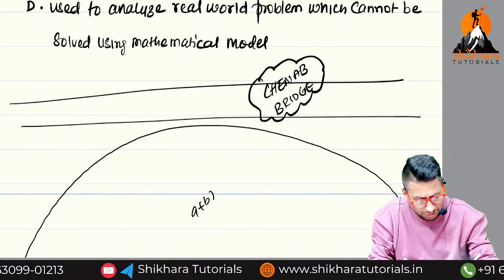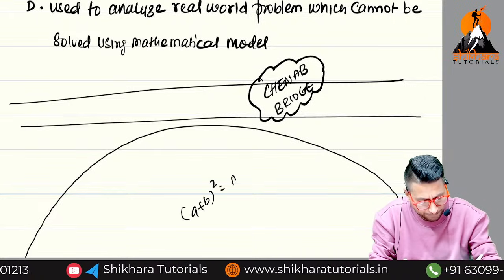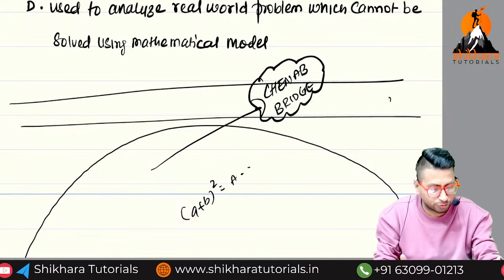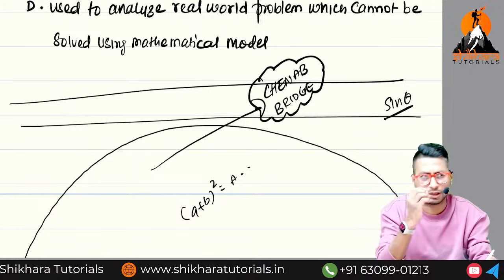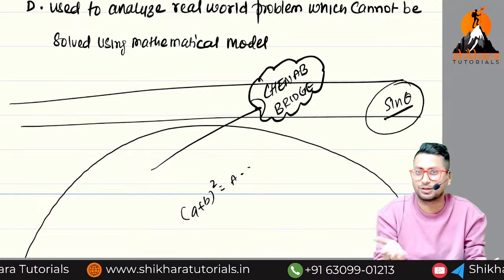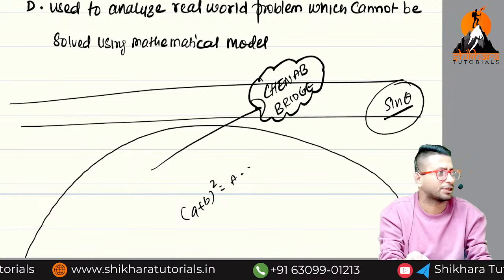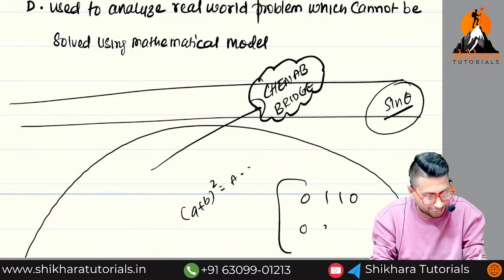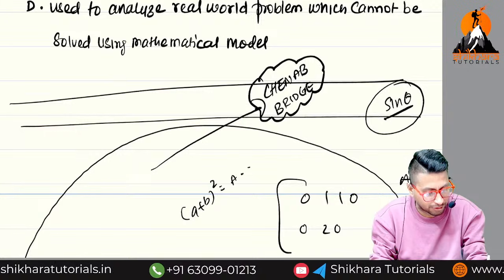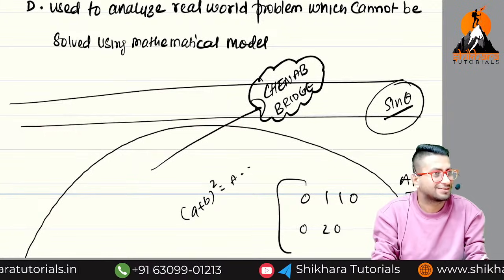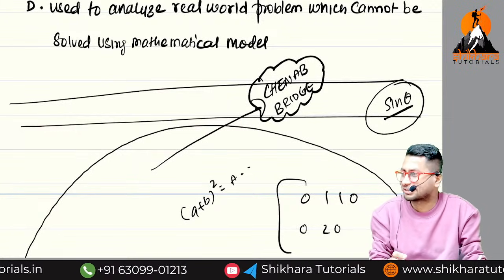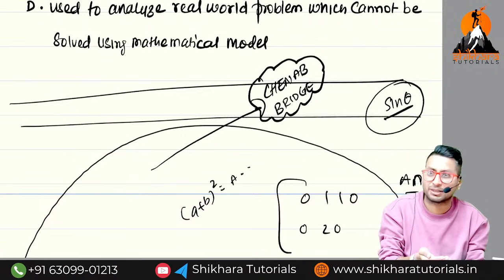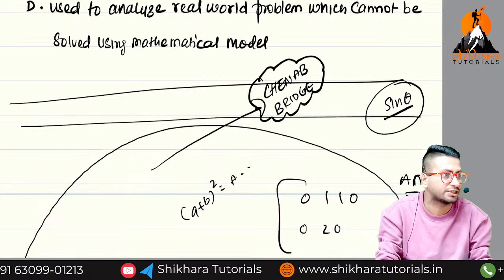Can you use sine theta, cos theta, or trigonometry here? Can you use matrices? Can you use any of these calculations? It is complicated. So for something which cannot be done using mathematics, you have to compulsorily use simulation.